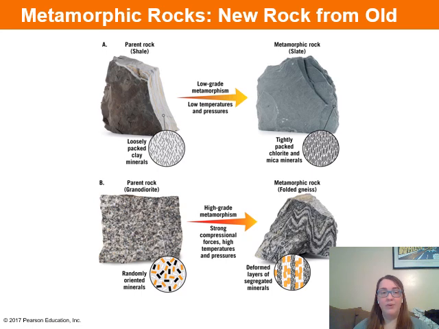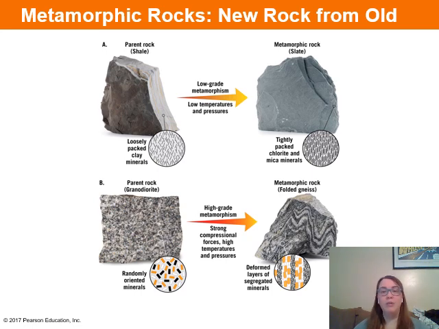So with our metamorphic rocks, here we're looking at two different types, always going from a parent rock through changes that are going to turn into a new metamorphic rock. So here with A, we're looking at shale, which is a sedimentary rock. It's a detrital sedimentary rock that's made up of those really tiny, fine-grained particles.